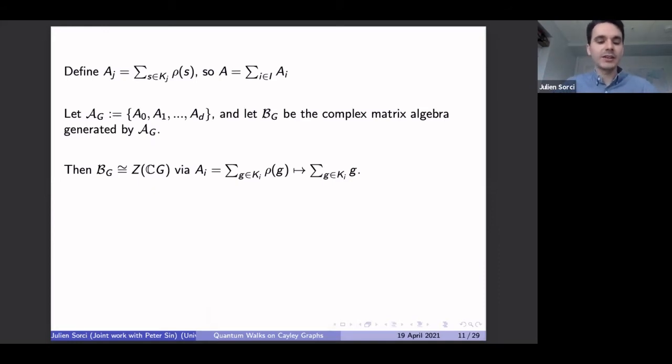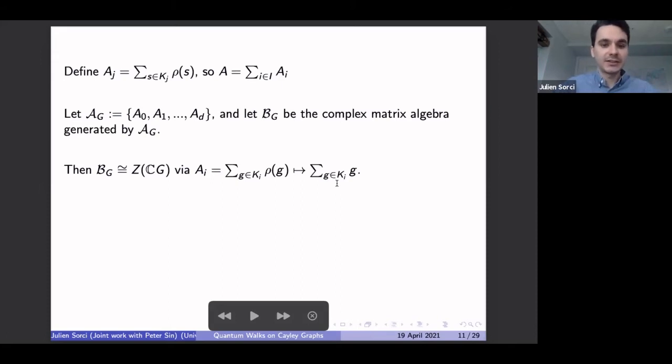And you can write down an explicit isomorphism that takes an A_i and maps it to the sum of the group elements in the ith congruency class. So what this isomorphism is doing is just getting rid of the regular representation part.